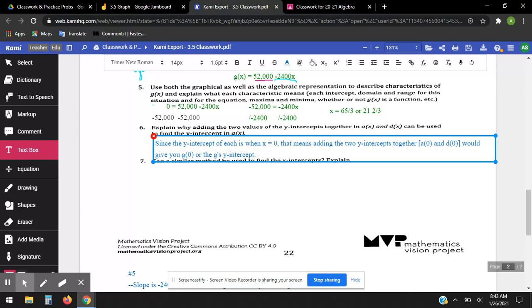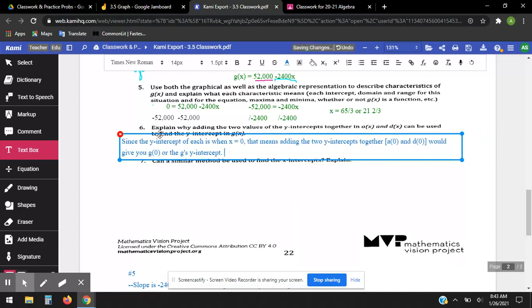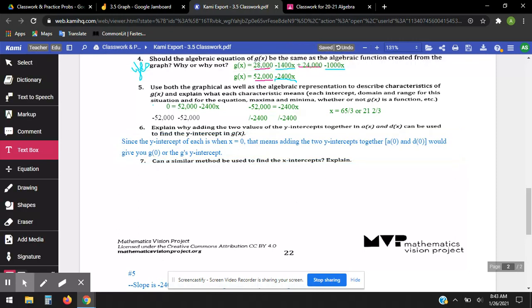We put in the same input in both, and then we're adding the outputs together. So since everything is the same input, it works.